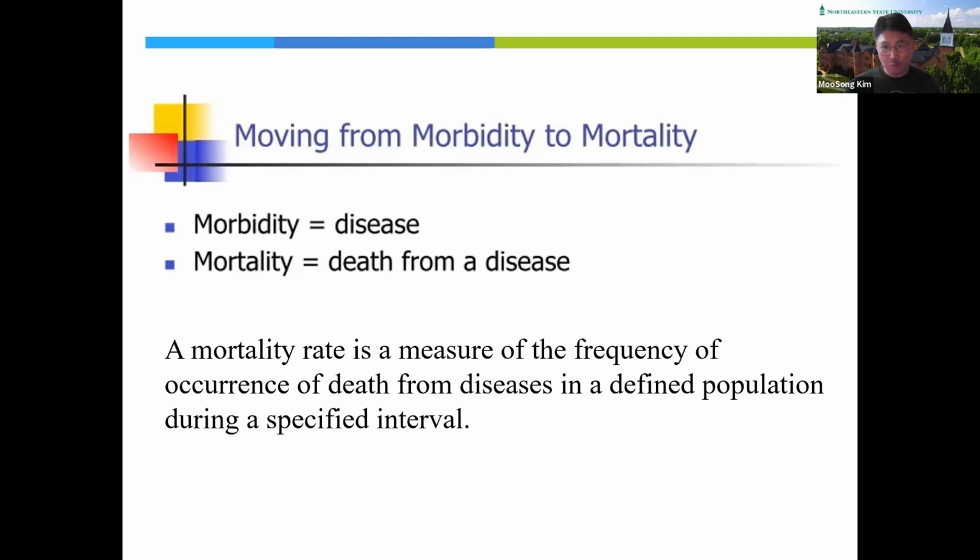Mortality rate, again, is an indicator of how dangerous a disease is if someone gets it. Dangerous means death from this disease.